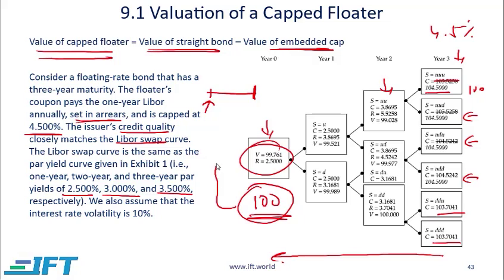The difference between these two numbers, 100 minus 99.761, represents the value of the cap. So in this example, the value of the embedded cap is 0.239. Value of the capped floater is 99.76. Value of straight bond is 100. This is a straight bond which has floating rate payments.